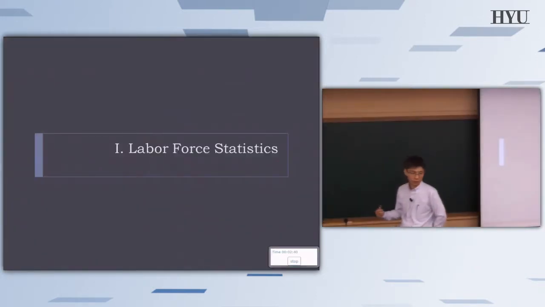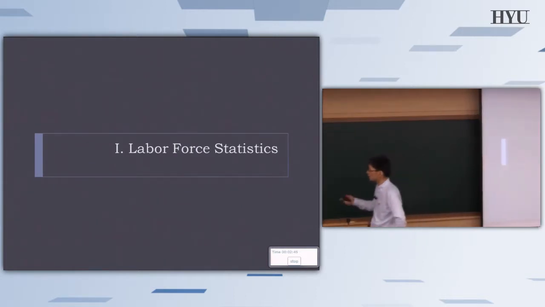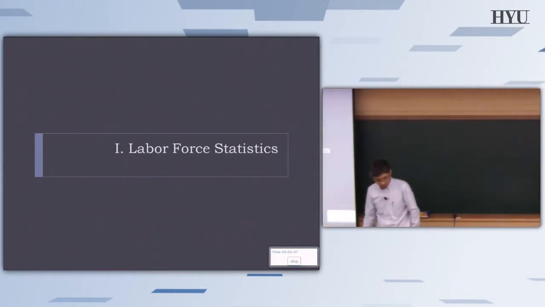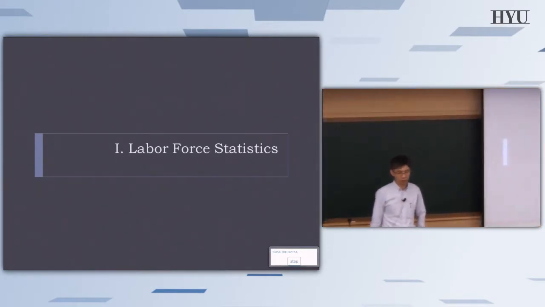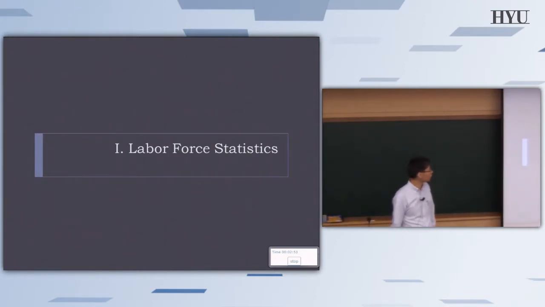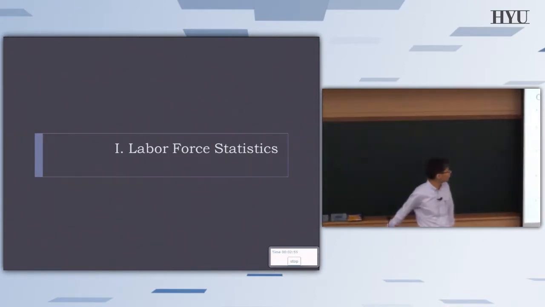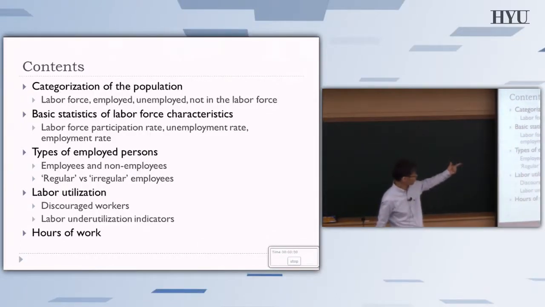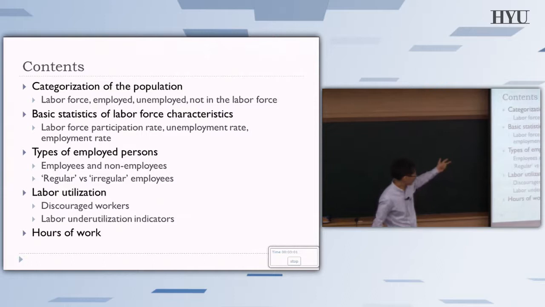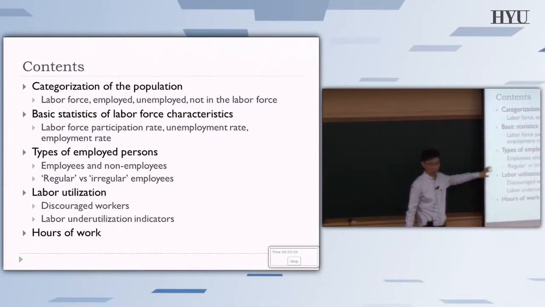Okay, first, labor force statistics. In this part, we will see a bunch of statistics, and probably you will learn some new terms. Okay, let's start with this. These are the things: the categorization and basic statistics and types, labor utilization, hours of work. We will just go through them one by one.